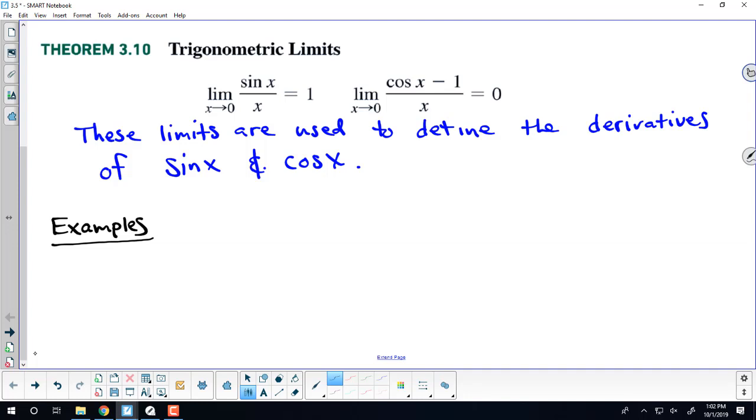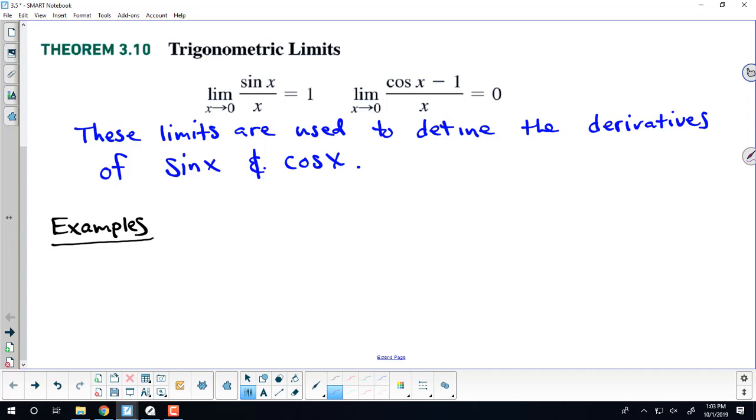All right. So both of those limits come up in deriving or proving the derivatives for sine and cosine. There are a few examples in your homework that you have to work through, so we're going to look at a few examples. These two limits here are not necessary to remember on the exam.